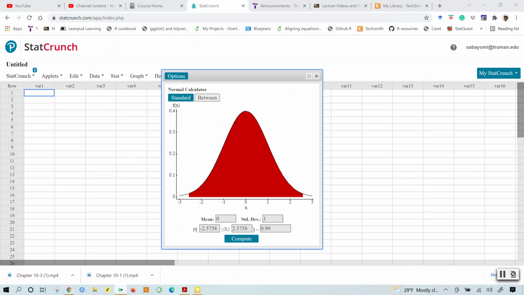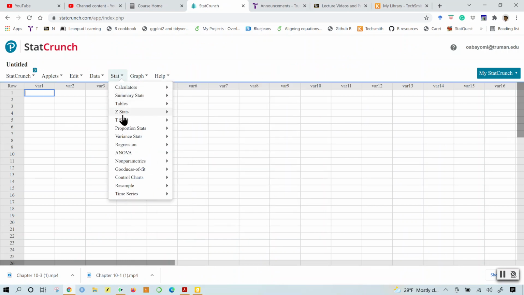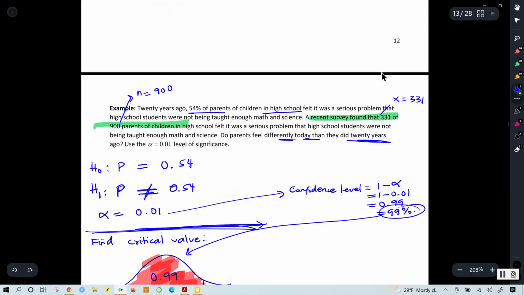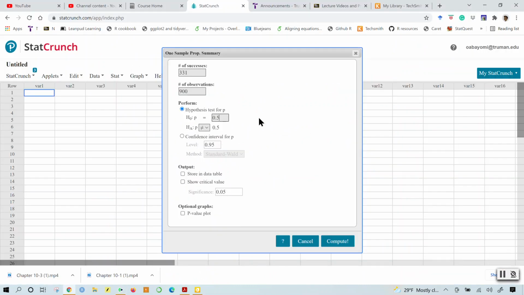I can use StatCrunch to find the test statistic. So I'm going to close this and I'm going to go to StatCrunch for population stats, one sample with summary. And I want 331 out of 900. And in this case, for 331 out of 900, our hypothesized proportion value is 0.54. So I would make sure I specify that here, 0.54, and this will update automatically.